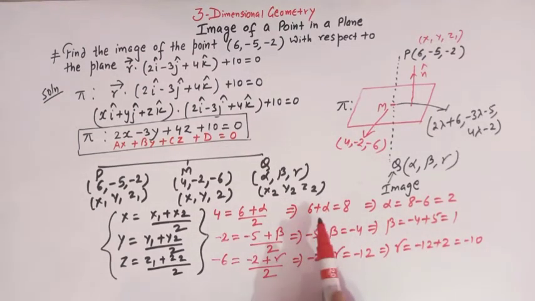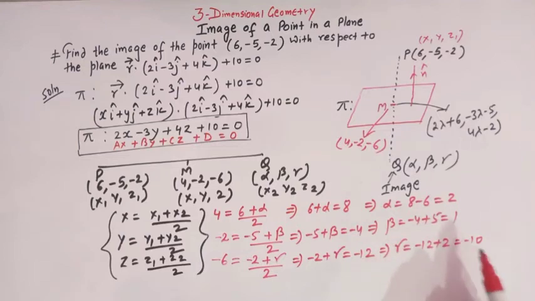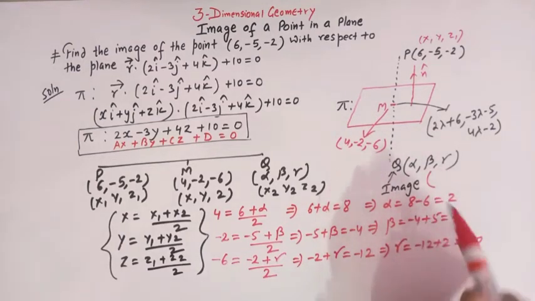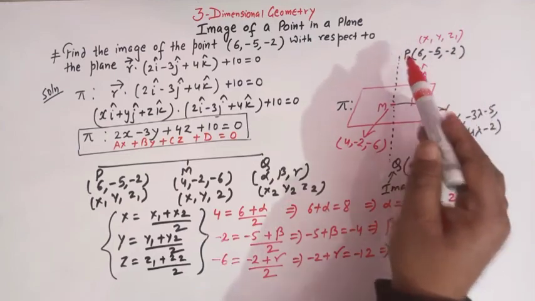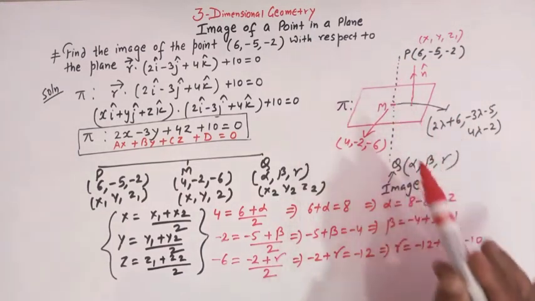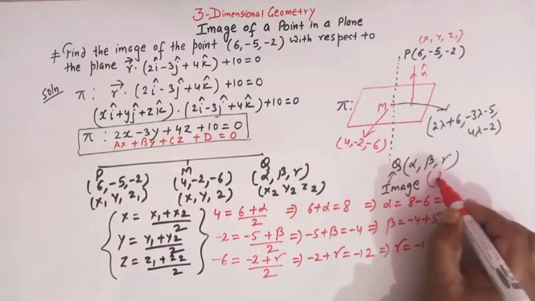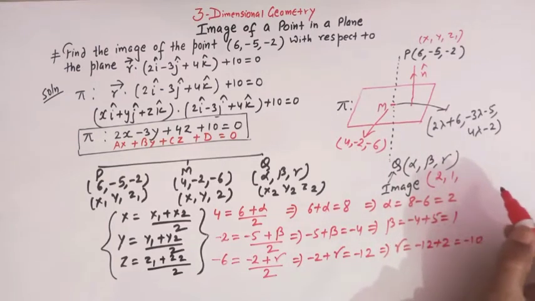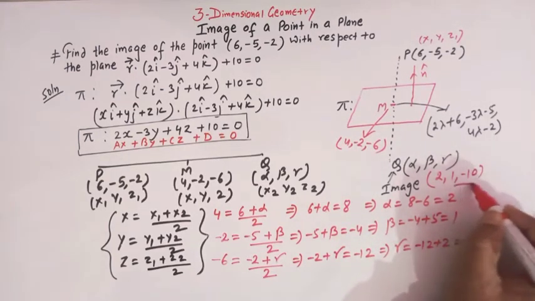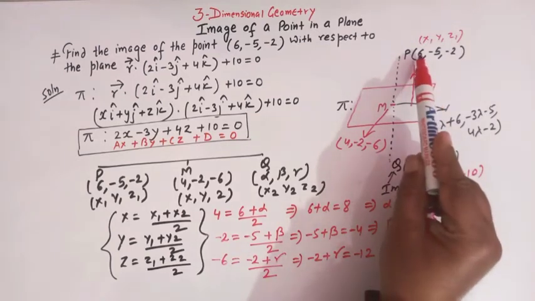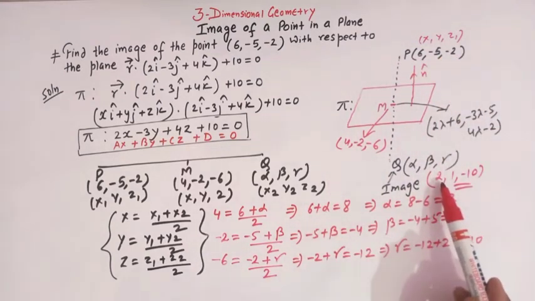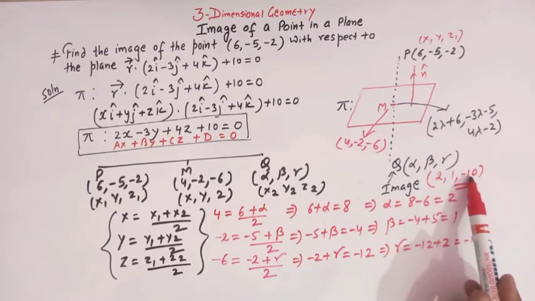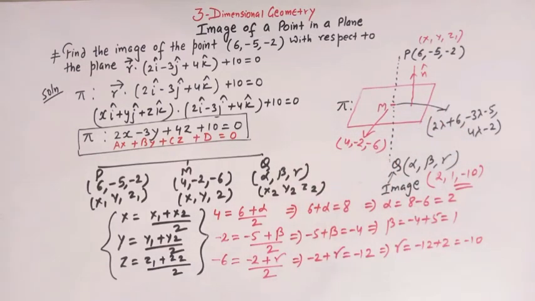Right? So we have alpha is equal to 2, beta is 1, and gamma is -10. So therefore the image of this point P has the coordinates (2, 1, -10), right? So the image of (6, -5, -2) is (2, 1, -10) with respect to this plane, right? So viewers, this is how we solved this problem.